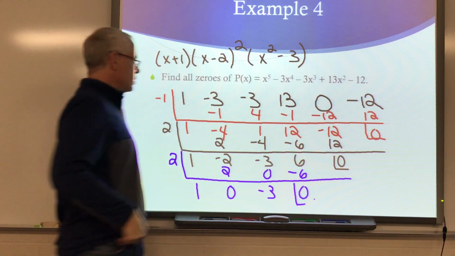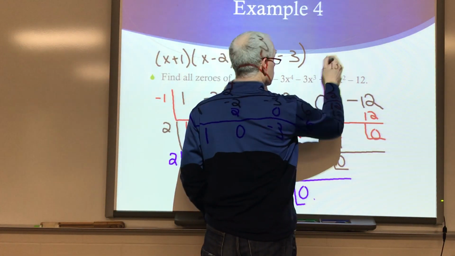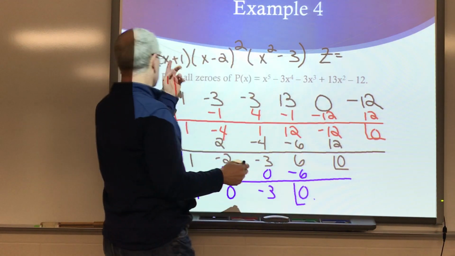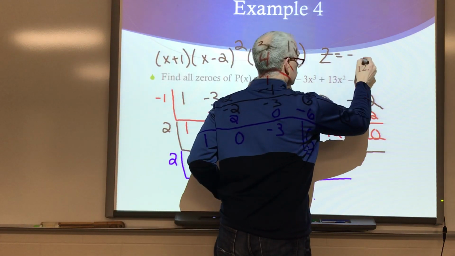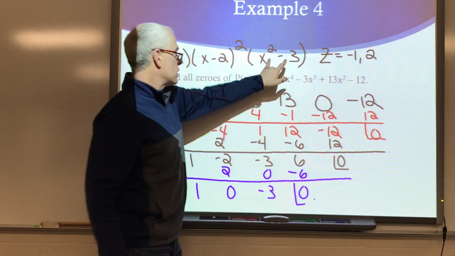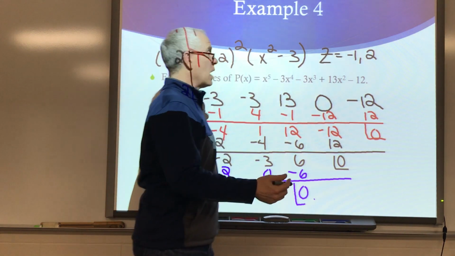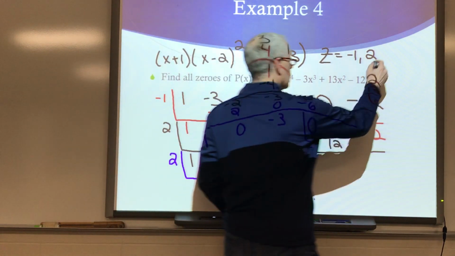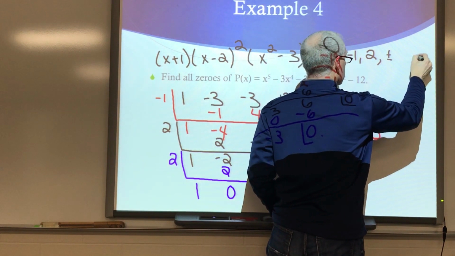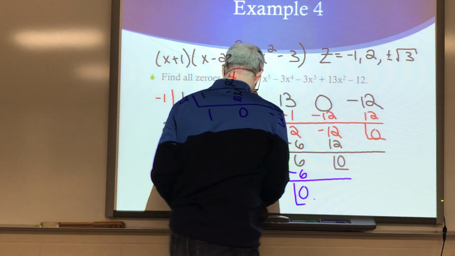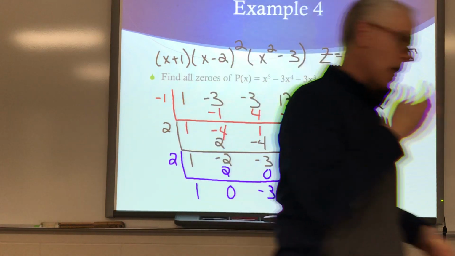So let's think about what our zeros are here, you guys. Okay, clearly -1 and 2 are zeros. If you set that equal to 0, you'd add 3 and you get x squared equals 3, and you'd have to take the square root. Okay, and so it's going to be plus or minus the square root of 3.